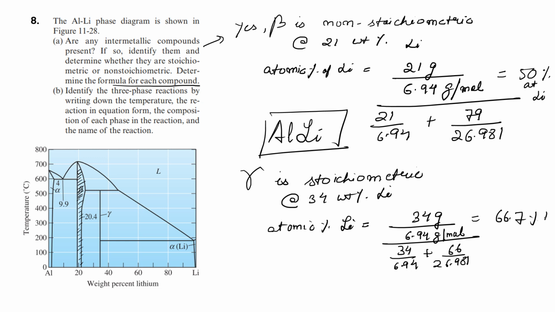66.7% lithium. Now if I convert it into a fraction, 66.7 gives us 2/3, right? So if I have lithium 2/3 and let's say aluminum is unity, and if I multiply by 3, I will have Al3.